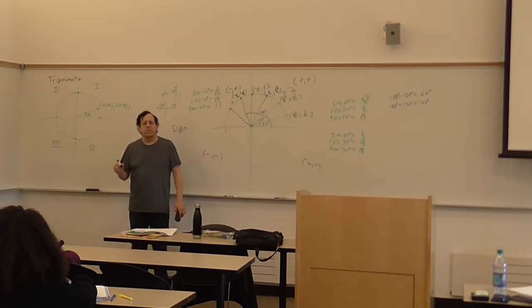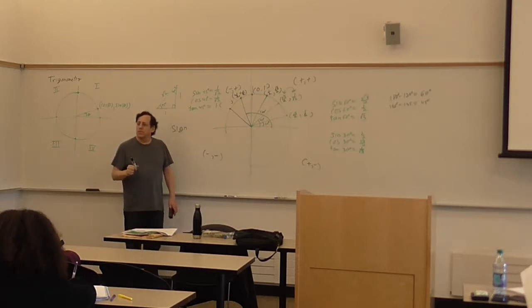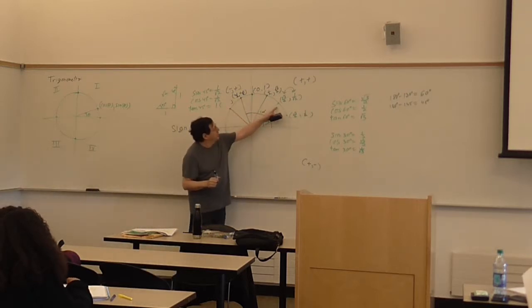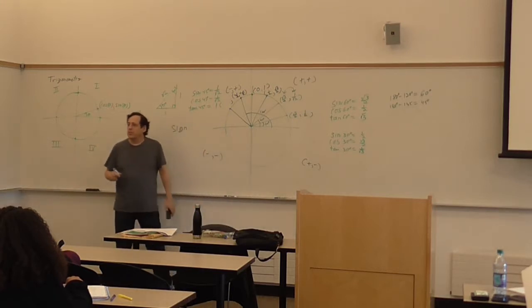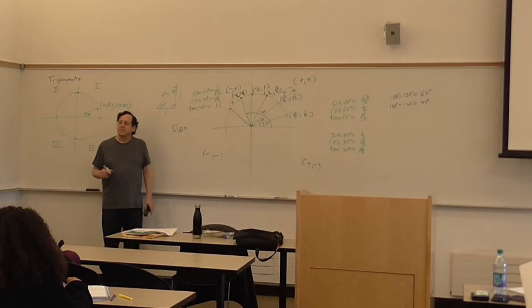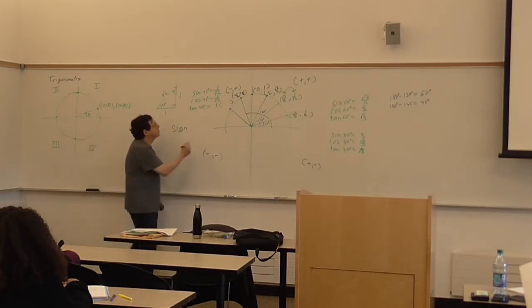did I skip? No, I haven't skipped anybody. Yes. So the cosine, recall, this is now the reference angle. So all we have to do is figure out the sine. It's negative.